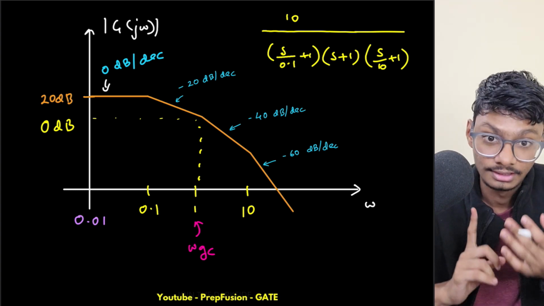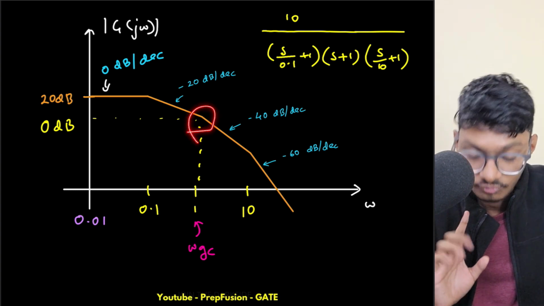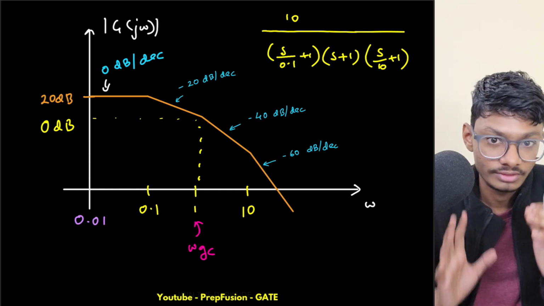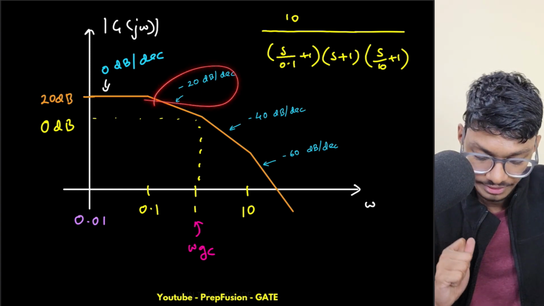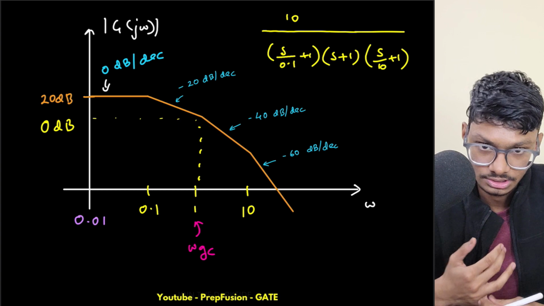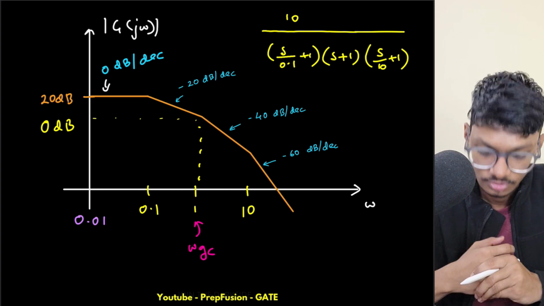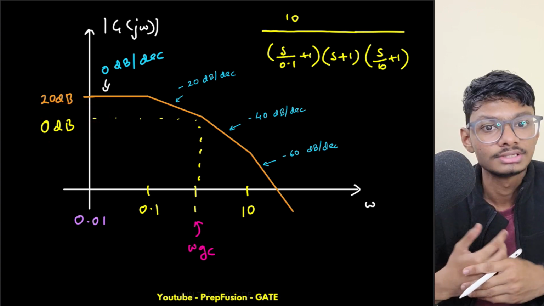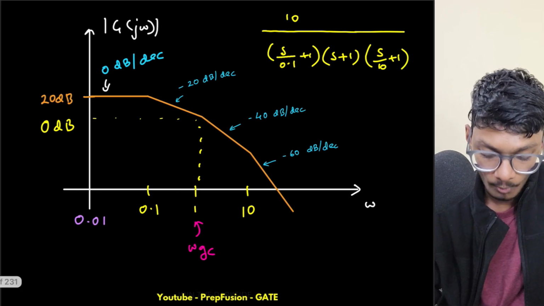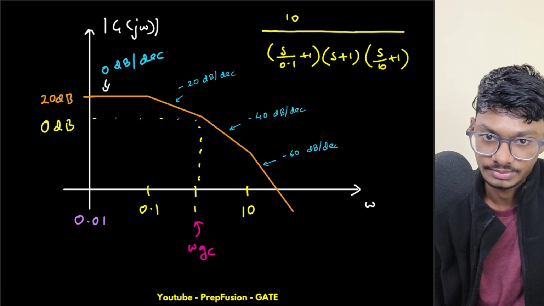So this is what we understood. But here, the main thing is, what is the error at the corner frequency? As the slope is only 20 dBs, like one pole we get, the error will be 3 dBs. So the maximum error that we'll get, because if you put omega equals 1 in the magnitude expression, what will you get?